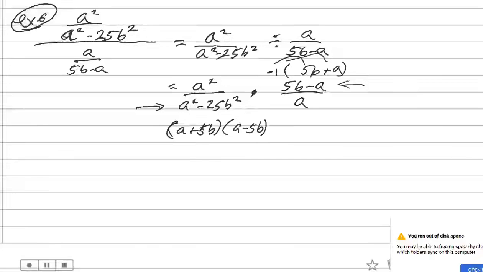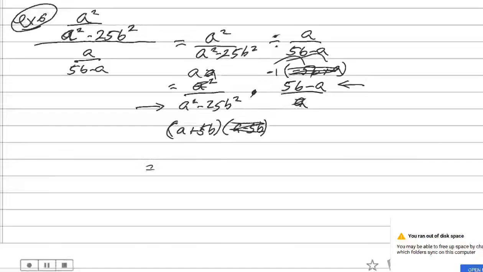So I'm going to cancel this and cancel that, top to bottom. And I have an a squared over here. That's a times a. So an a over here is going to take care of that a on the bottom. And I think that's all I can do. But what do I have left?